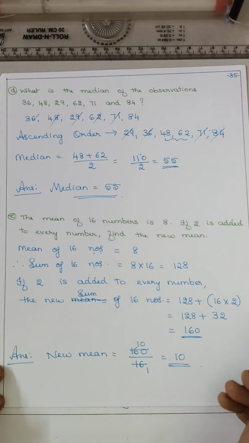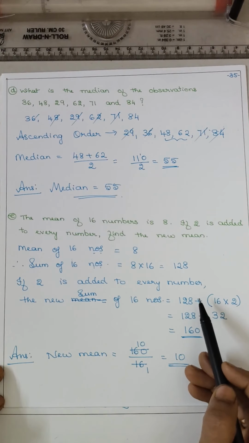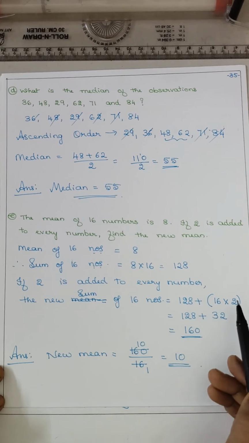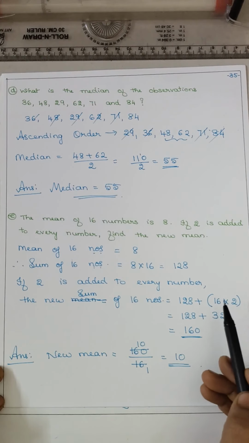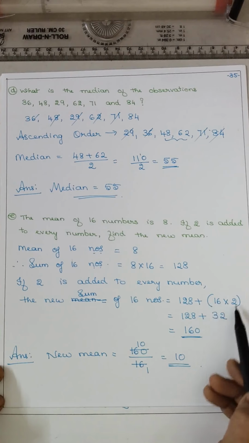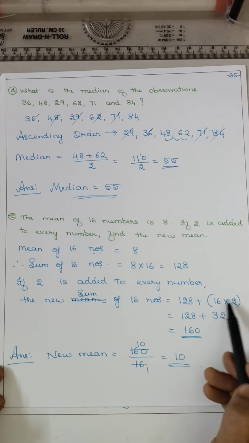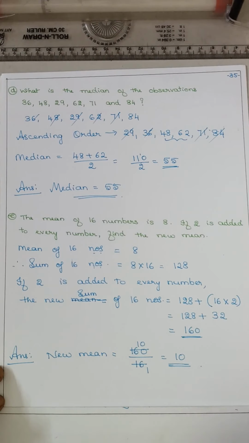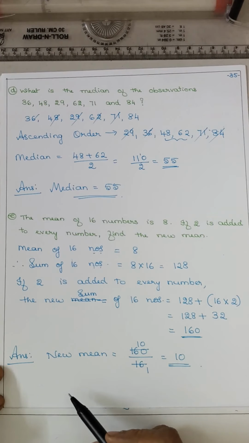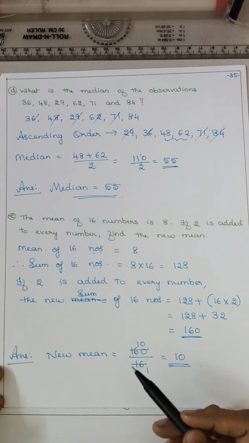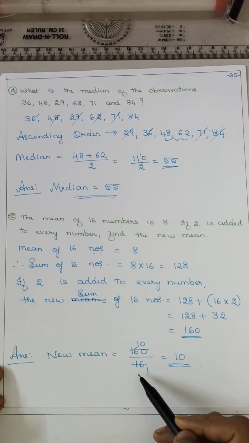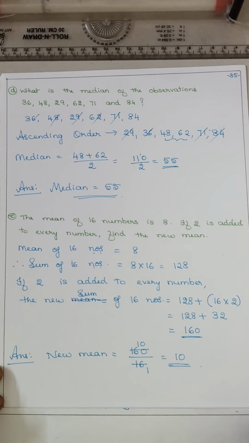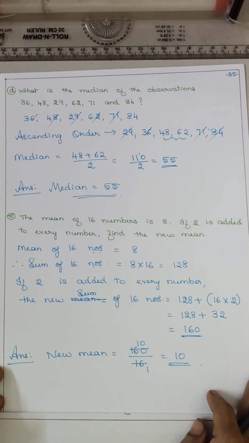You are adding 2 to each number. That is why we have to multiply by 2. Not to add, multiply by 2. Then add, multiply 16 into 2 is 32 and add, you get 160, and mean is equal to sum of observations upon the number of observations. That is why 160 upon 16 is equal to 10.